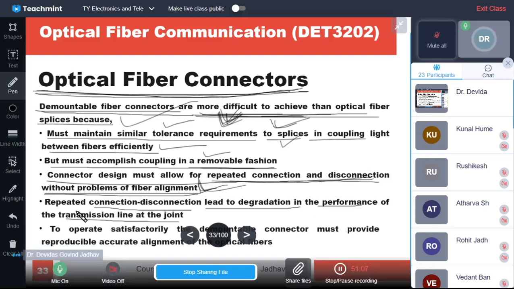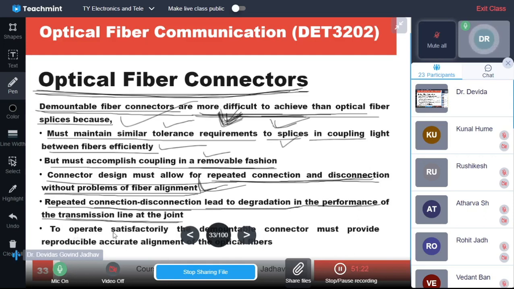So this repeated connection disconnection leads to degradation in the performance of the transmission line at the joint, making it more difficult.